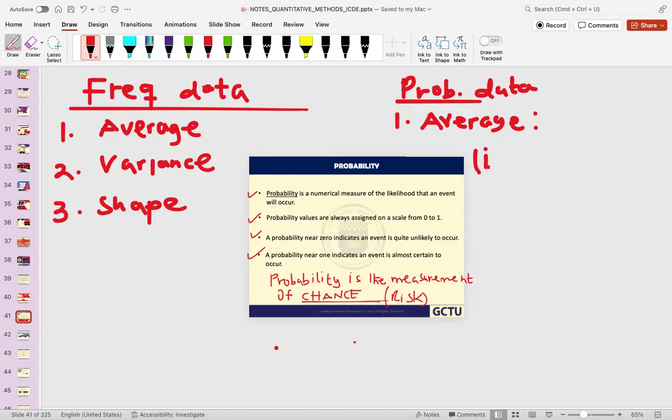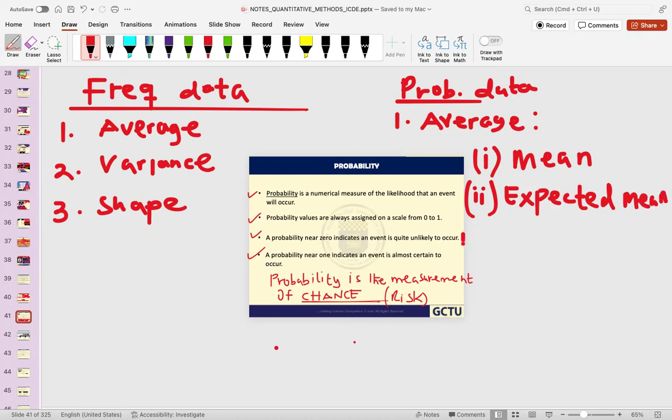The first one, we call it the mean. The second terminology is also called expected mean. So some books write it as expected mean.